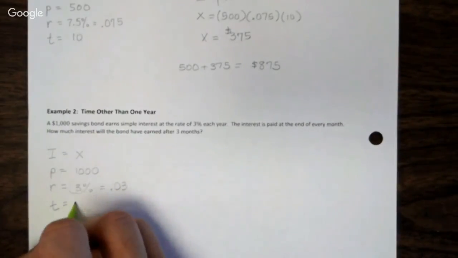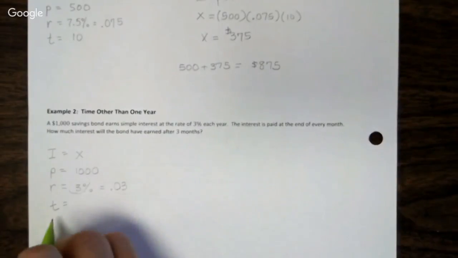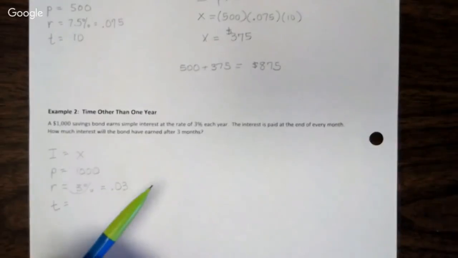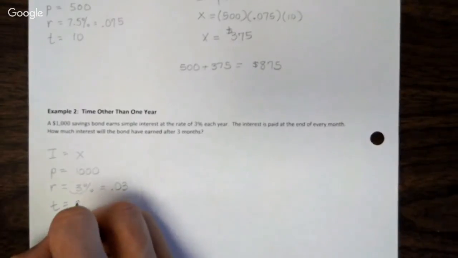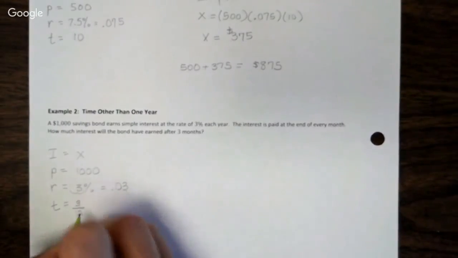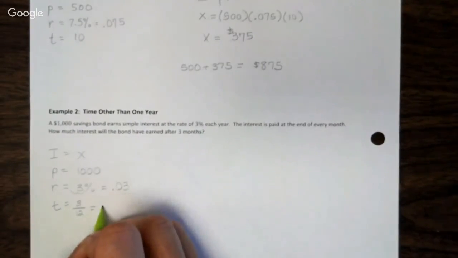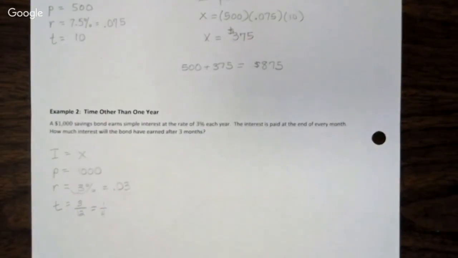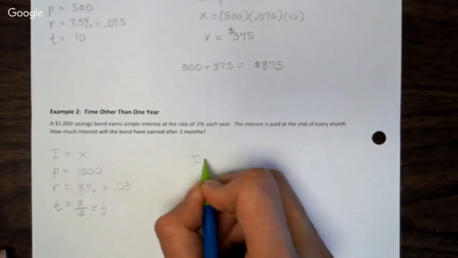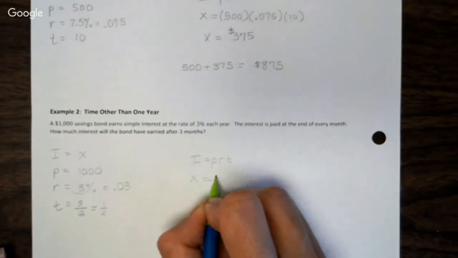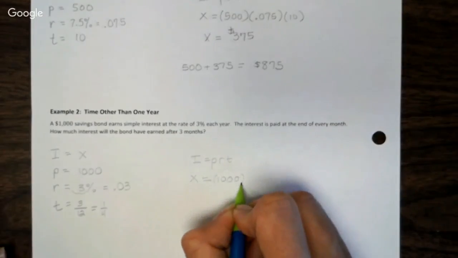Now 3%, move it over twice, would be 0.03. Now it's not 3 years, so we can't put 3 as the T. It's 3 months. 3 months is less than a year. Well, since there's 12 total months in a year, we're talking 3/12 of a year, which is the same thing as 1/4 of a year. So I equals PRT. Principal is 1,000.